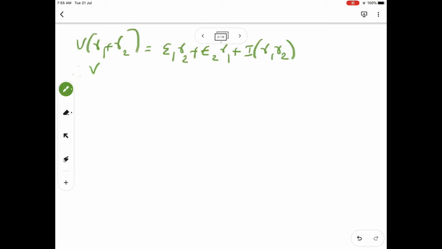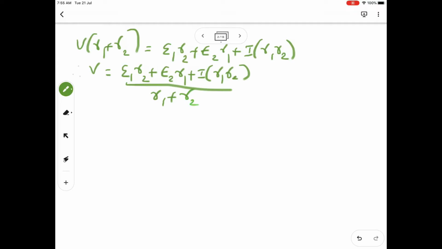Then R1 plus R2 can be taken to the right side. So V becomes whatever is on the right side divided by R1 plus R2: E1 R2 plus E2 R1 plus I R1 R2 divided by R1 plus R2.